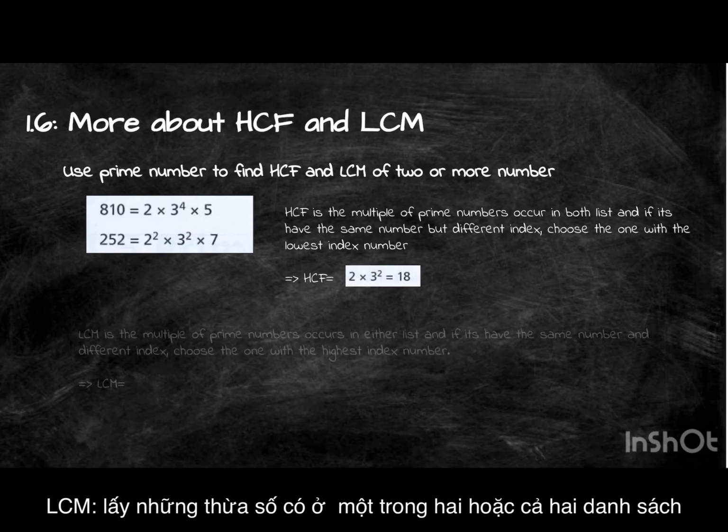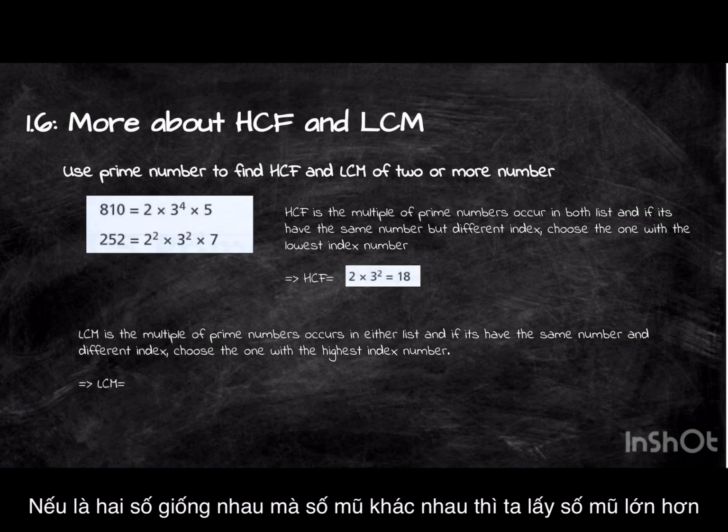Moving on, we have the lowest common multiple. It is the product of the prime numbers which occur in either of the lists, and if they have the same number but different index, we choose the one with the highest index.